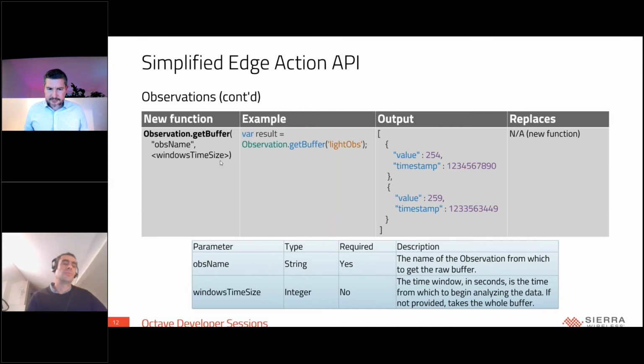The idea is to help developers by providing the whole buffer, so they can do some math on it, some calculus, or whatever they want. This function returns, compared to the previous ones, an array of tuples of value and timestamps. That's it.